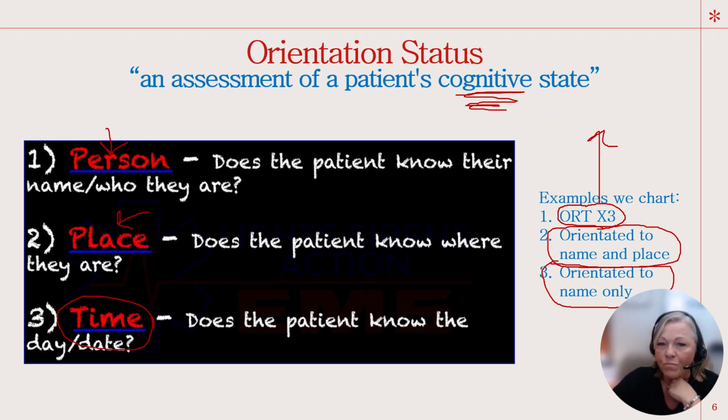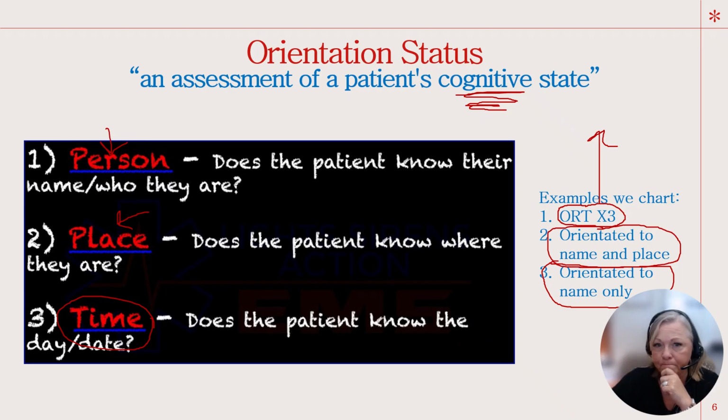Sometimes they're not orientated to anything, and we put that. Actually, we will write it right out. Not orientated to person or place or time. We really do put it right out there. I probably should have written that there. We will put that out.